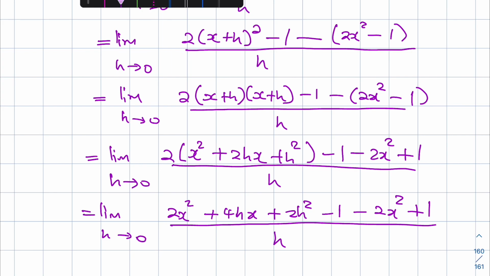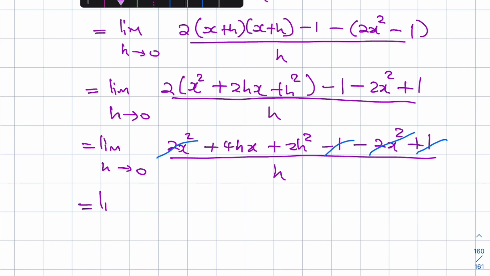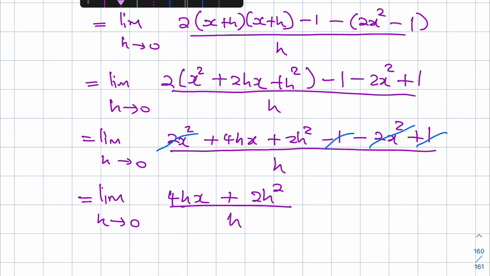Then we cancel 2x squared with 2x squared, 1 and 1. So we are left with the limit as h approaches 0 of 4hx plus 2h squared, all over h.